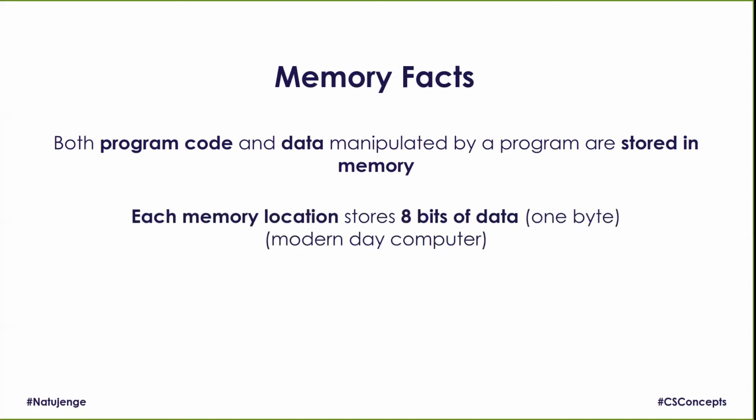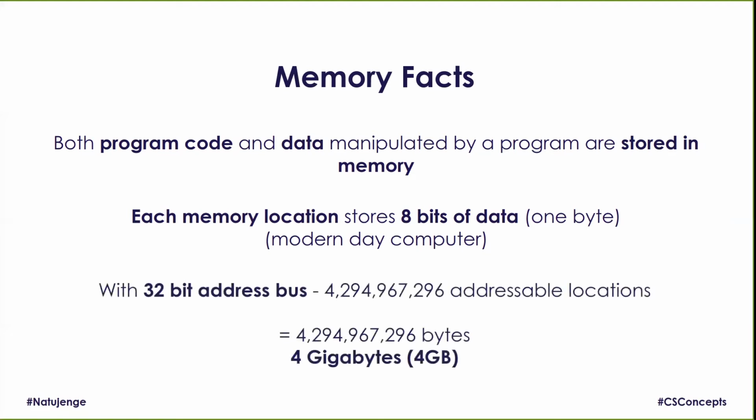Each memory location stores 8 bits, or a byte, in the modern day computer. This is something that you need to remember. Another nice fact to remind you: with a 32-bit address bus, we have about 4 giga address locations possible, and each location stores a byte. That means you can only access a maximum of 4 GB when you use a 32-bit address. I'm sure this is something that you watched in a previous episode.